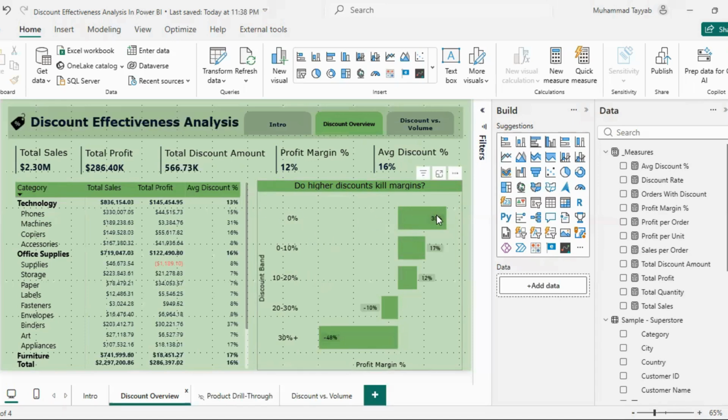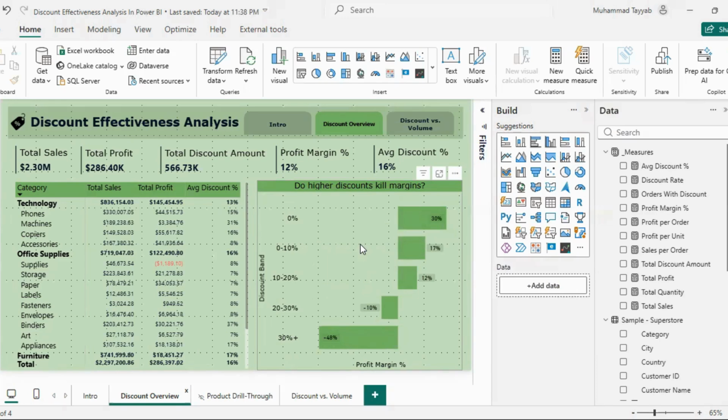For 0%, it's a 30% profit margin. Beautiful. For 0 to 10%, we have 17%. And if you go down to 30 and above, it's negative 48%, nearly half the revenue is being given away. So the tipping point is crystal clear. The moment you cross the 20% line, you are operating at a loss.